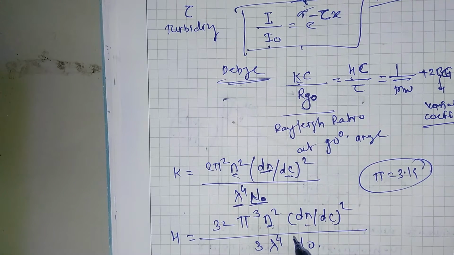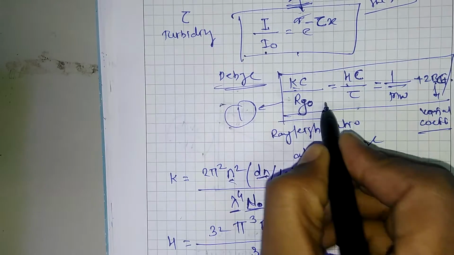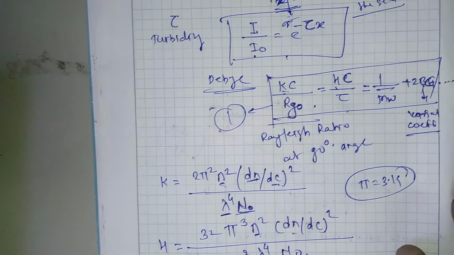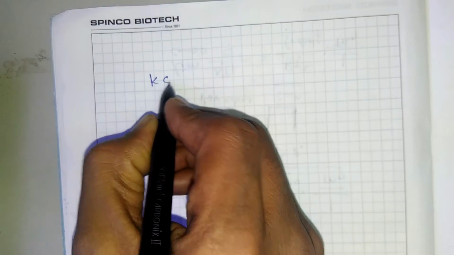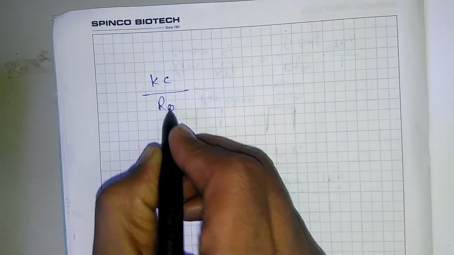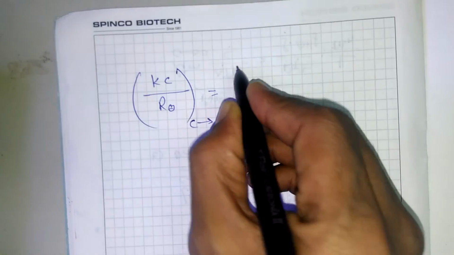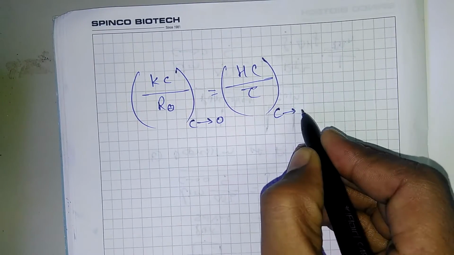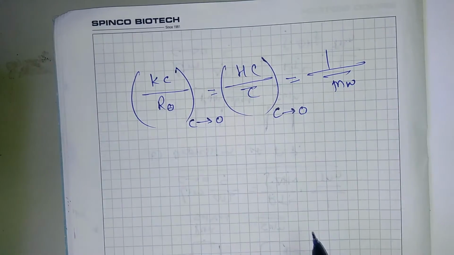So this above equation 1 can be written as Kc/Rθ, with concentration C going to 0, equals Hc/τ, with the limit C to 0, equal to 1 by M̄w.